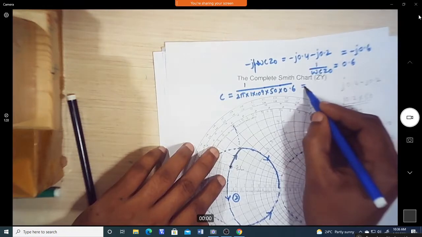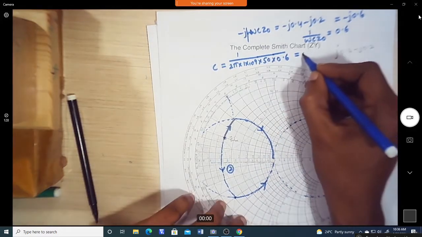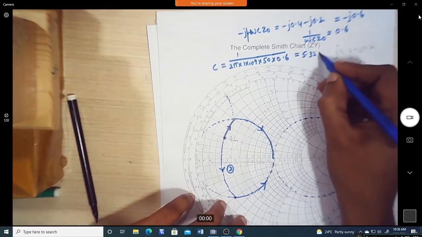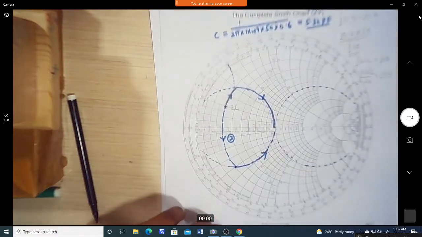So find out the value of capacitance. 5.32 picofarad. Okay. So now similarly find out the L.